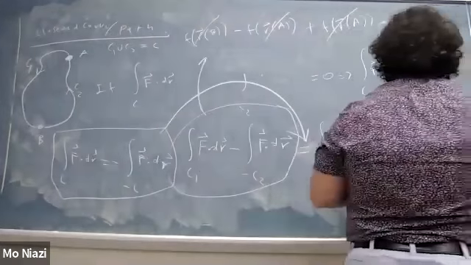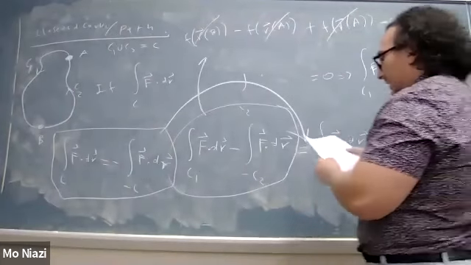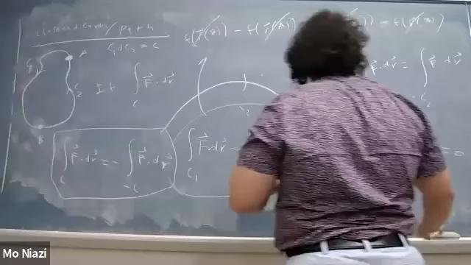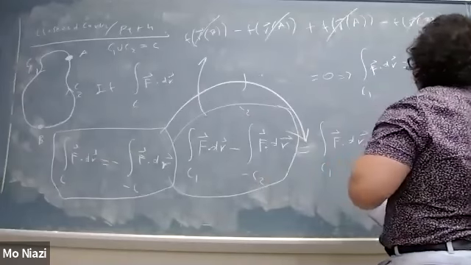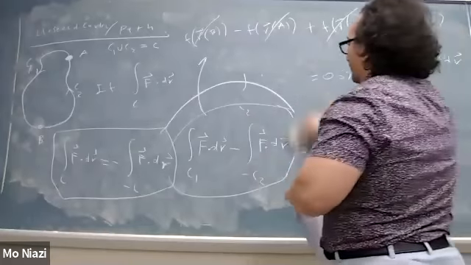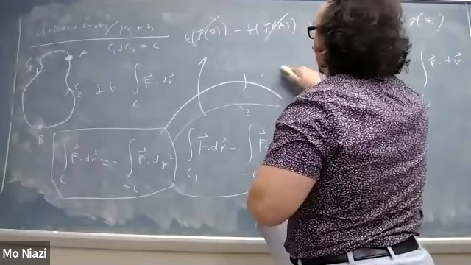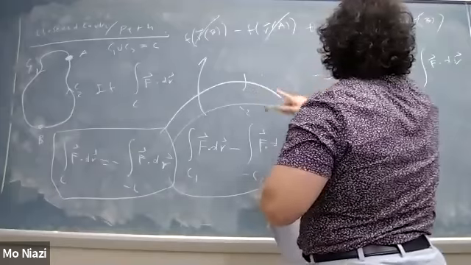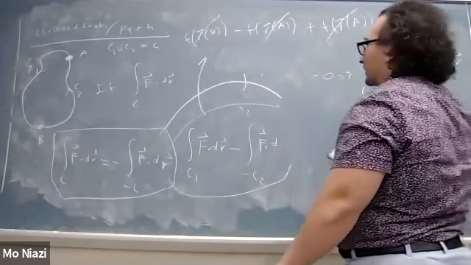Okay, because conversely, now what we did is we showed that path independence implied conservative vector field.